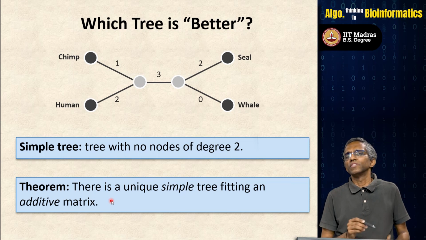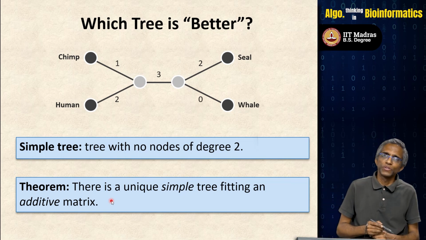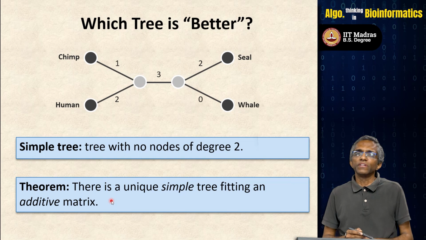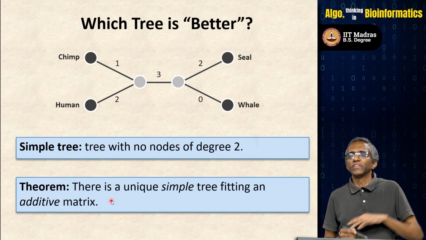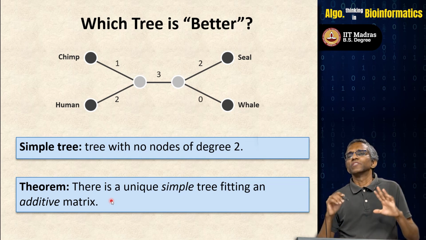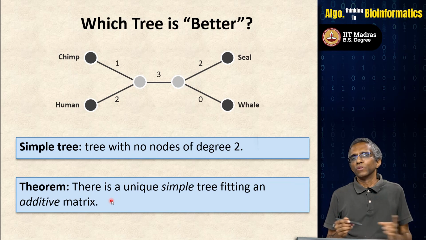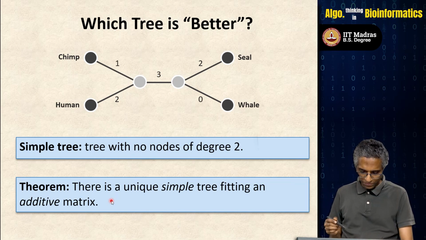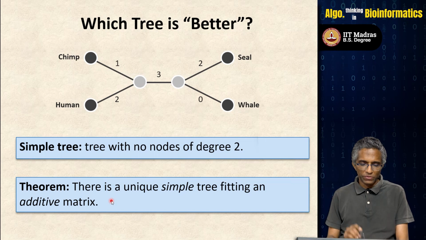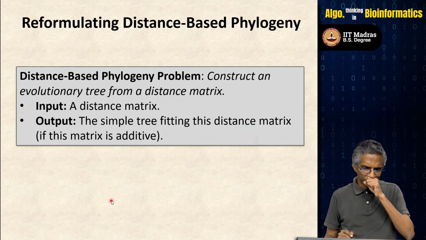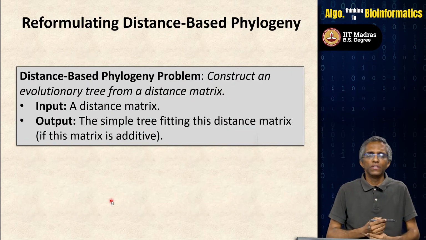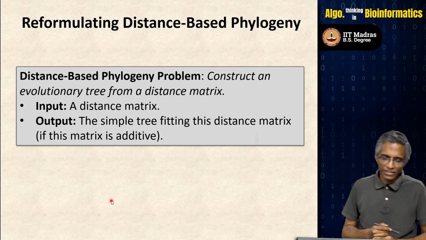There is always a unique tree that fits an additive matrix. So, we do not have to worry about ambiguity, like, this is an additive distance matrix, can there be more than one simple tree fitting it? No, there will only be a unique simple tree fitting it. We will not prove this theorem, but we will take it on faith and go back to our formulation finally, right.